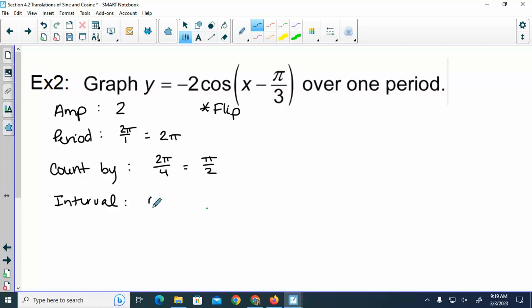So we normally go from 0 to 2 pi. And then in the middle, we're going to put our argument, which is x minus pi over 3. So we add our pi over 3.